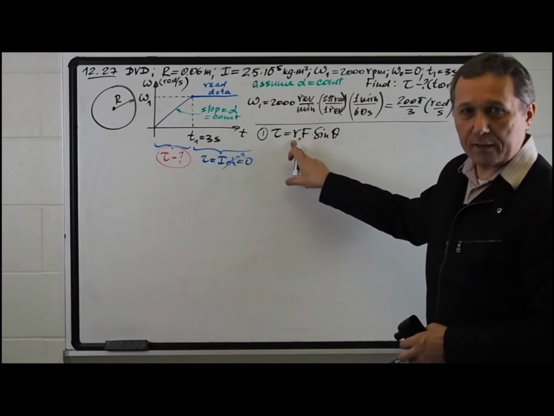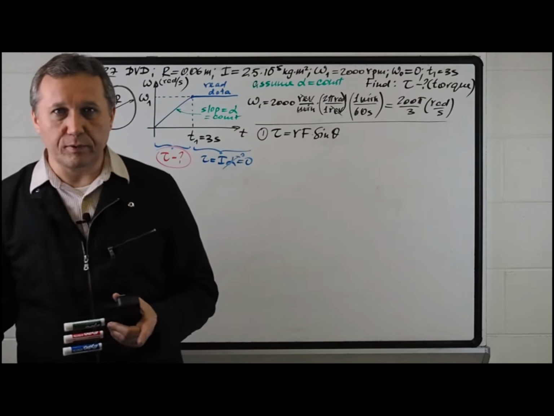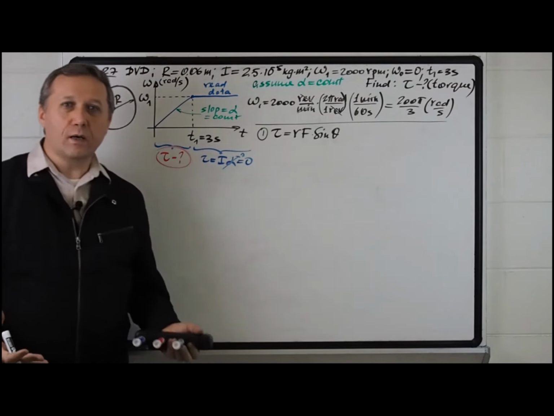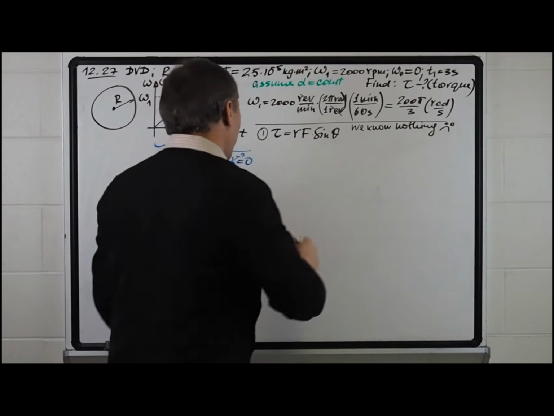At which point, is it at the center or at some distance from the center that force is applied, or those forces are applied? I don't know anything. And of course about the angle, I even know less than about these two. So pretty much we know nothing. Let me write. We know nothing. And I will put a depressing face. So this approach is not going to lead us anywhere.